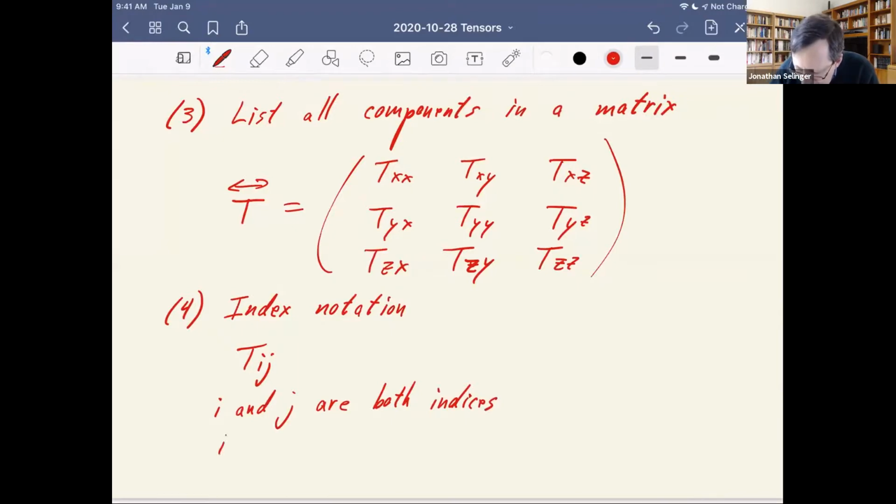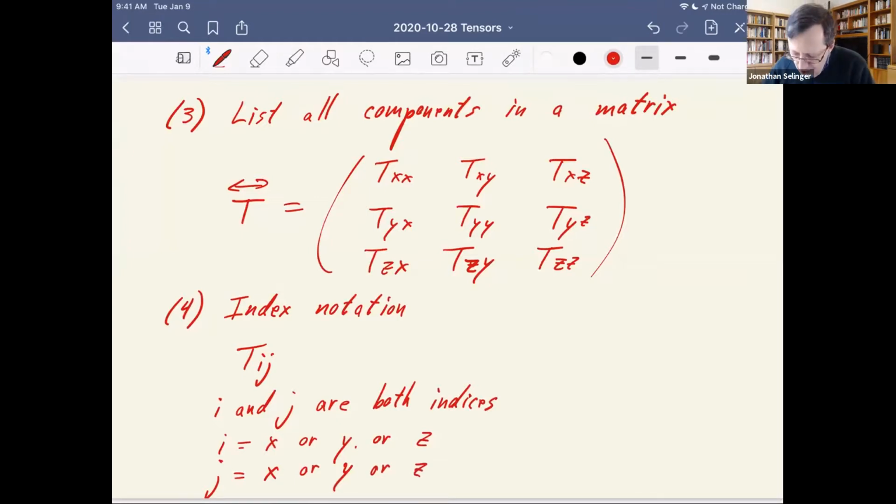So i equals x or y or z, and j equals x or y or z.